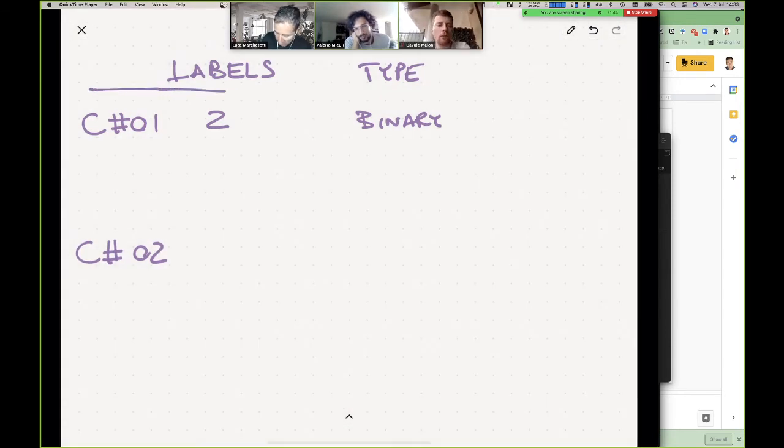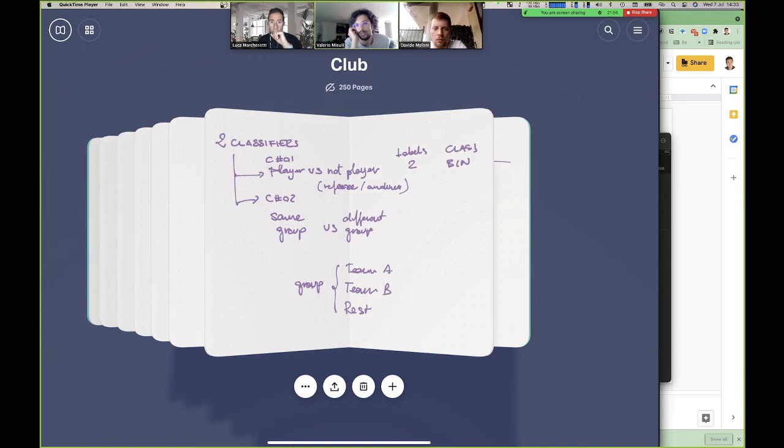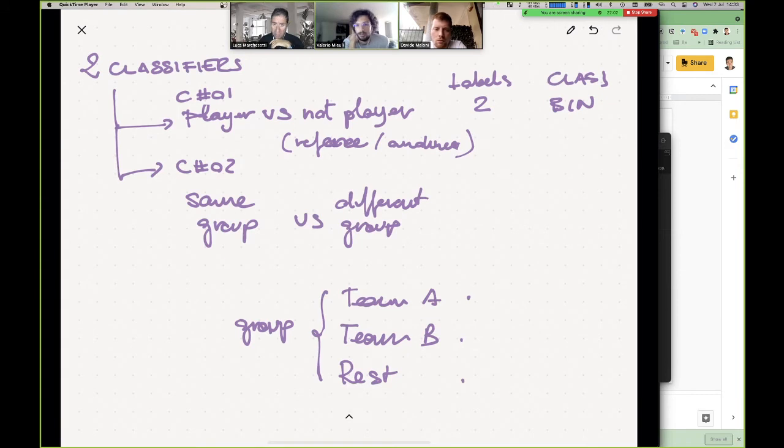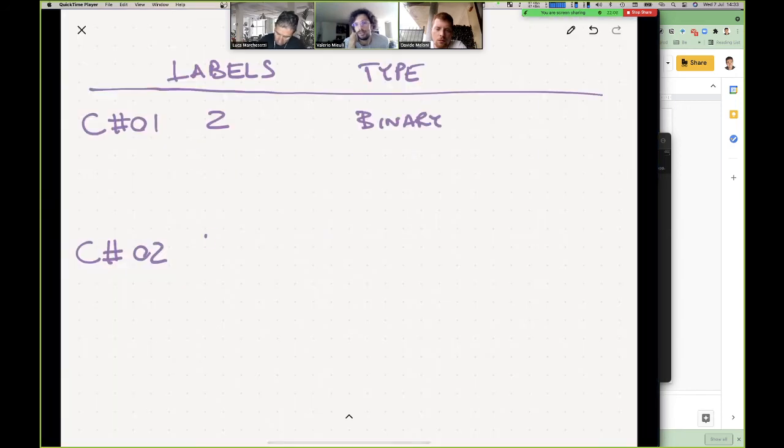For each match at this stage, 3 labels are enough: team A, team B, and rest. The cost is the same basically, so they have to label team A, B, or rest.